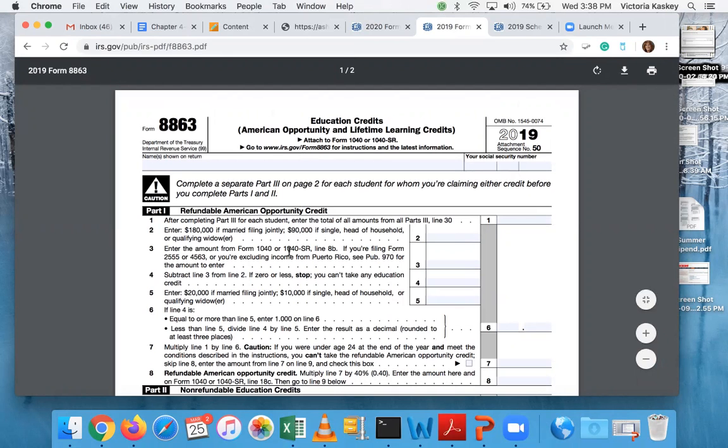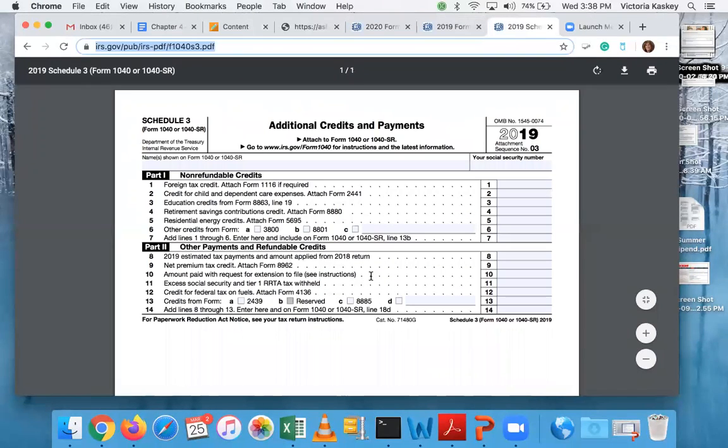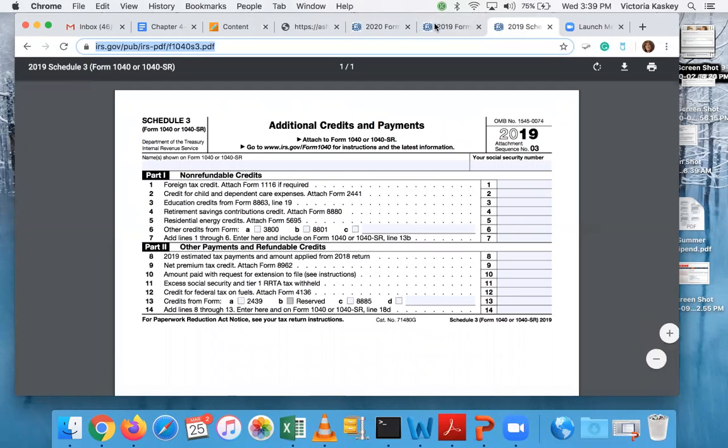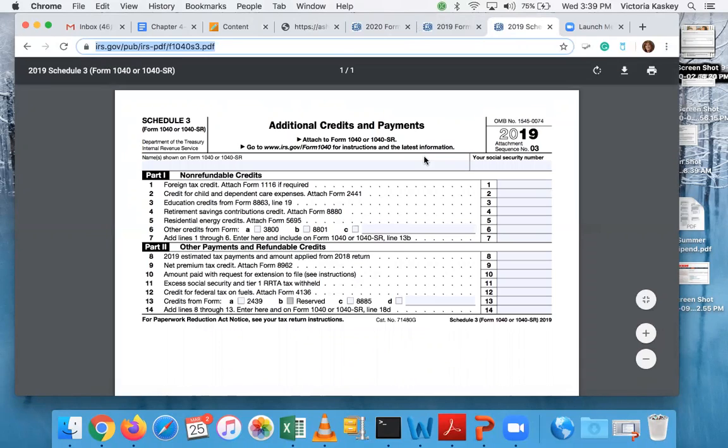I'm going to jump over here to Schedule 3 as well, and you can see that after you fill out Form 8863, that all goes over to line 3 here of the non-refundable credits, so education credits from Form 8863.